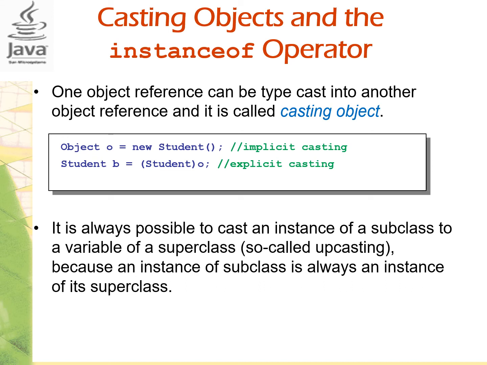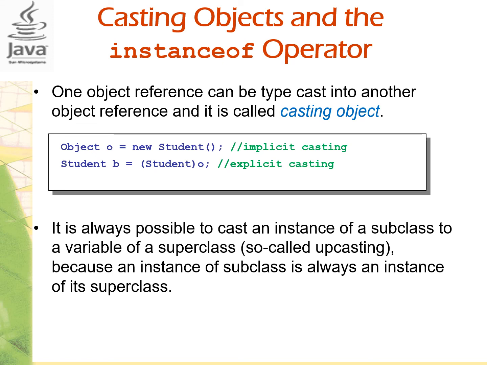So what you want to say is O is actually an object whose type is superclass, and you want it to be in the form of a subclass, which in our case is student. So you do casting here. It is always possible to cast an instance of a subclass to a variable of a superclass, because an instance of a subclass is always an instance of a superclass. I think that is what we have been using before, right?